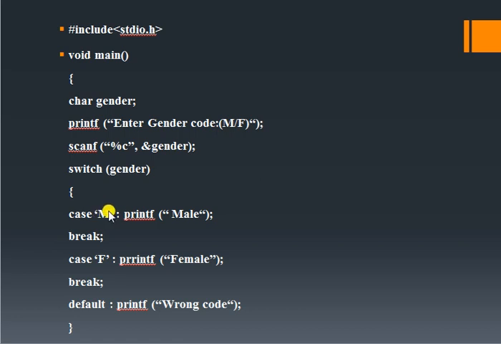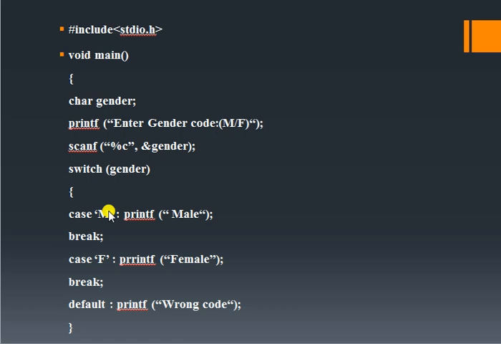We have already studied how to represent character constants. String constants are represented in double quotes, and single character constants are represented in single quotes. So here we represent the gender value in single quotes, because it is a character constant.